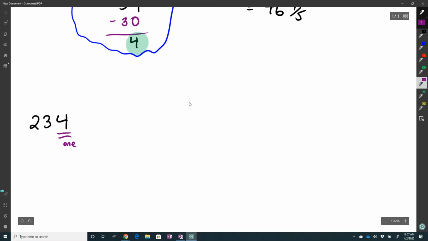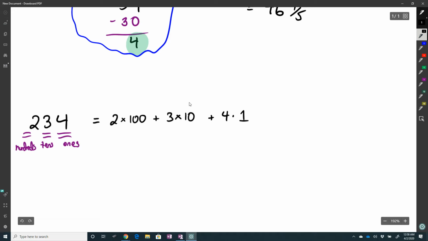This is the ones place, this is the tens place, and this is the hundreds place. I'm trying to tie in why this applies to polynomials. So this is basically saying 2 times 100 plus 3 times 10 plus 4 times 1.